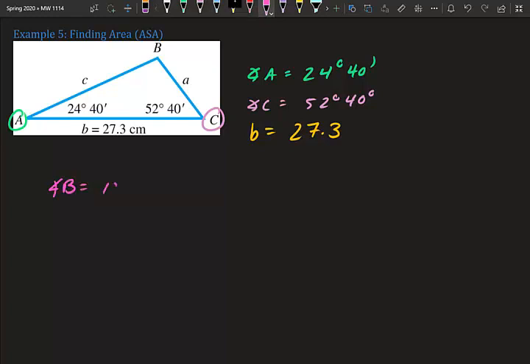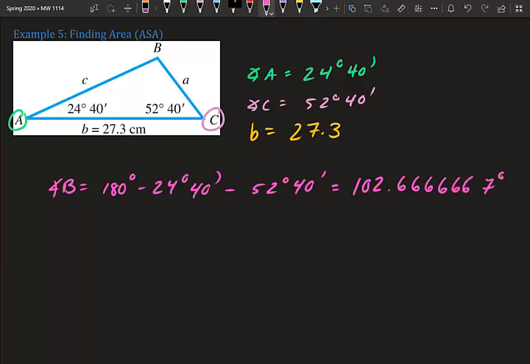So we can find angle B by doing 180 minus 24 degrees 40 minutes minus 52 degrees 40 minutes. And we get angle B equals, where are you? If you use your calculator, this is what they're going to give you. But that's not what we're working with.